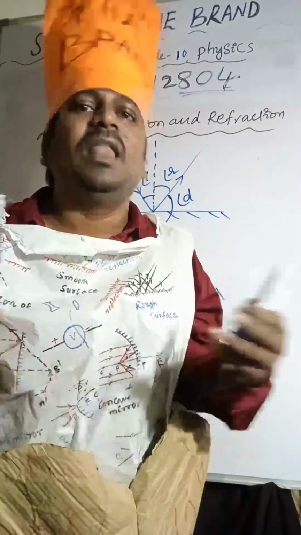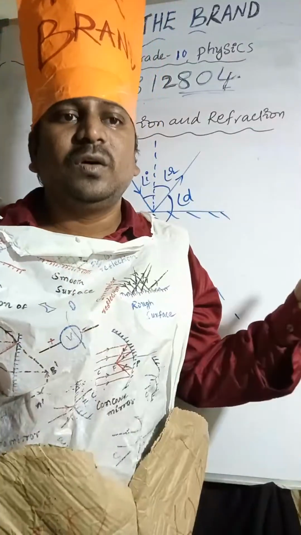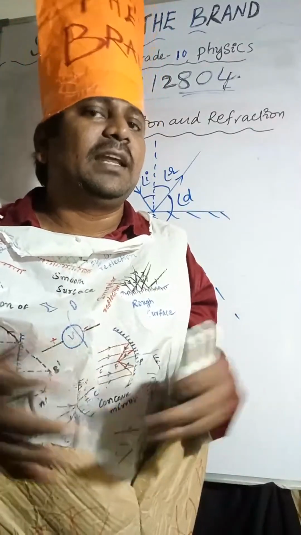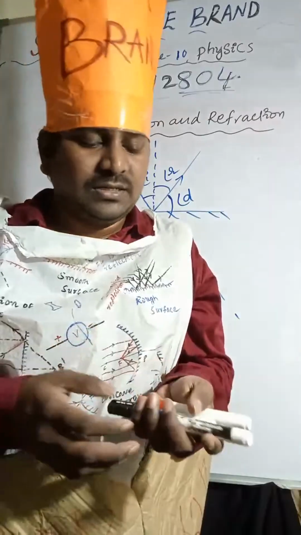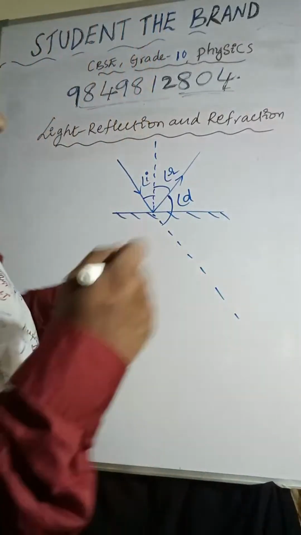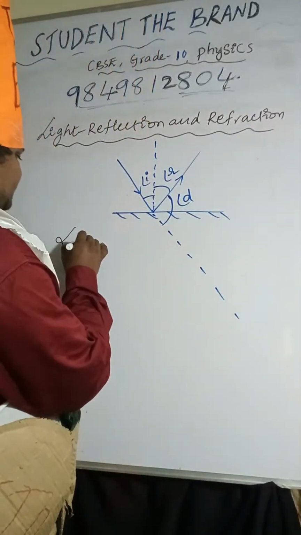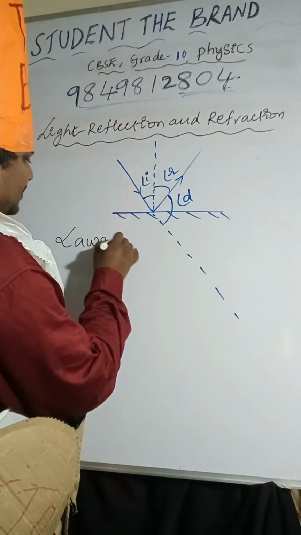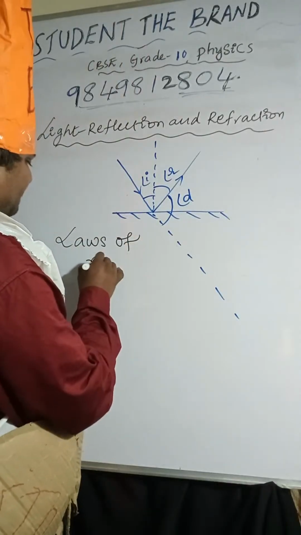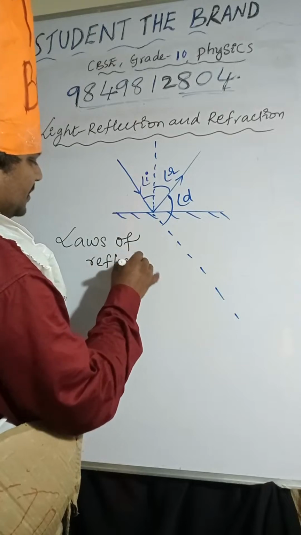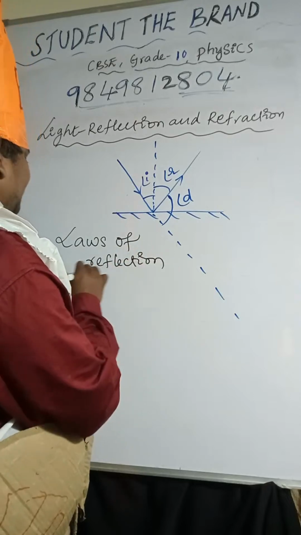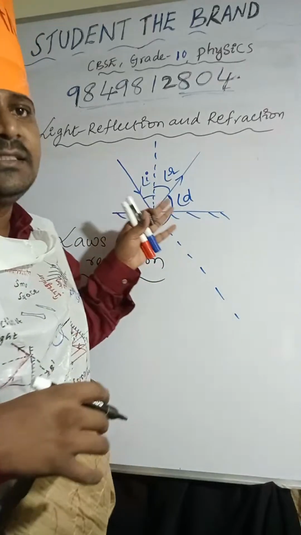Coming to the laws of reflection, there are two laws of reflection. Point number one: the incident ray, reflected ray and normal line lie on the same plane.